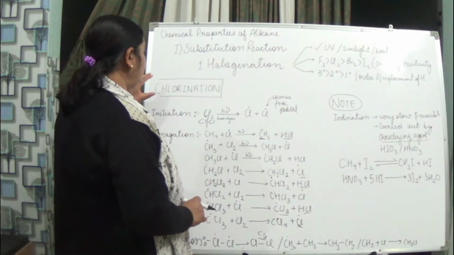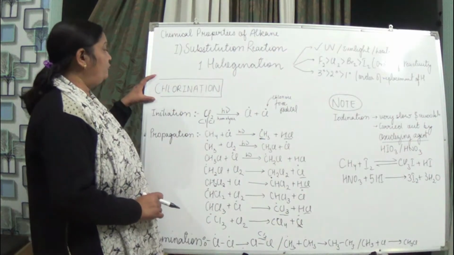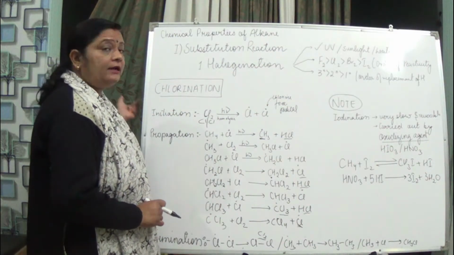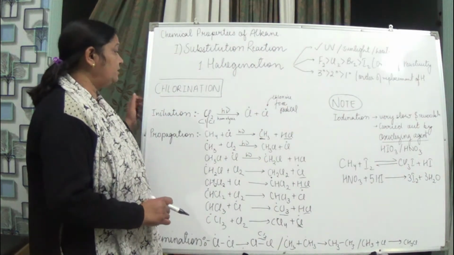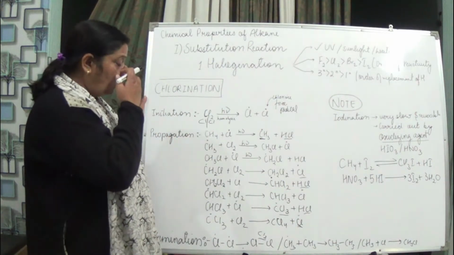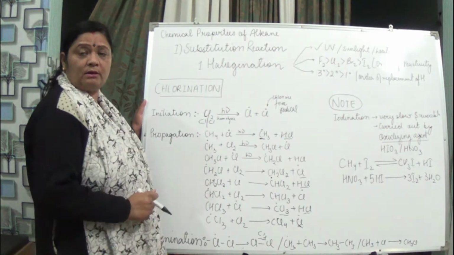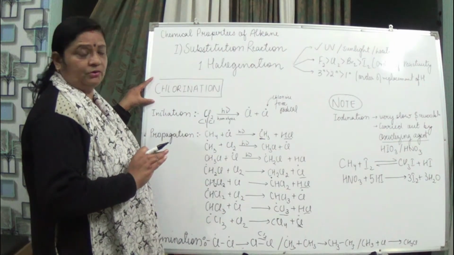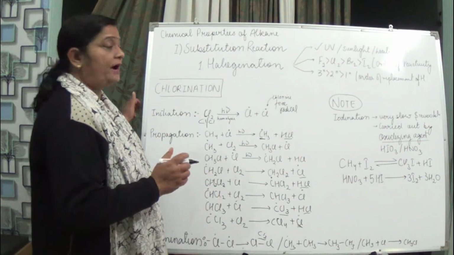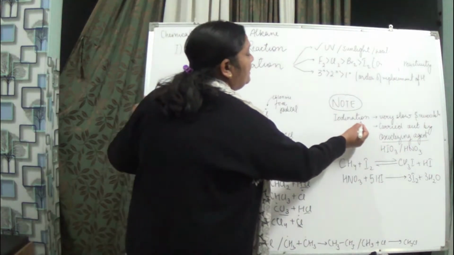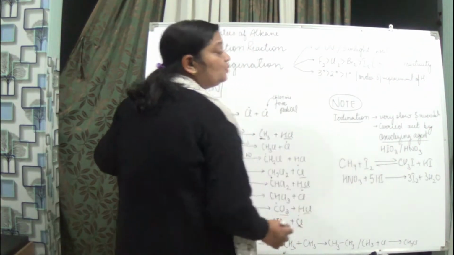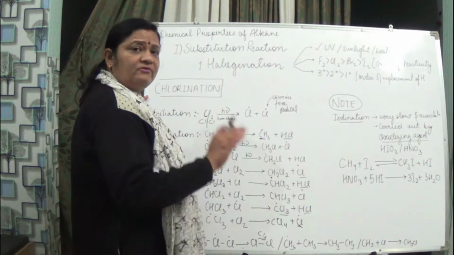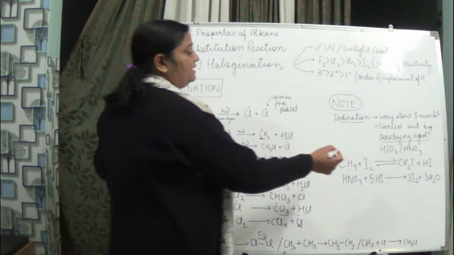When we have studied right now here for chlorination. If we are taking bromine, it will be bromination. That reaction will also propagate in this manner only, but the reaction will be slower than chlorination. When we come to iodination, this reaction is very slow, and it is a reversible reaction.